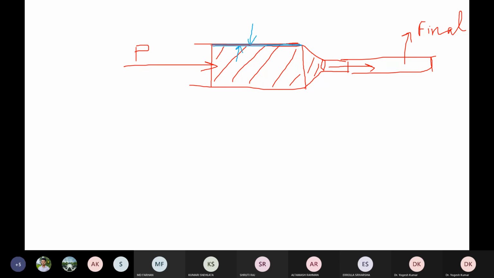These surfaces are in contact with each other, and the material is moving in a certain direction, from left to right. Since these two surfaces are in relative motion and in contact with each other, obviously they will have certain frictional force.